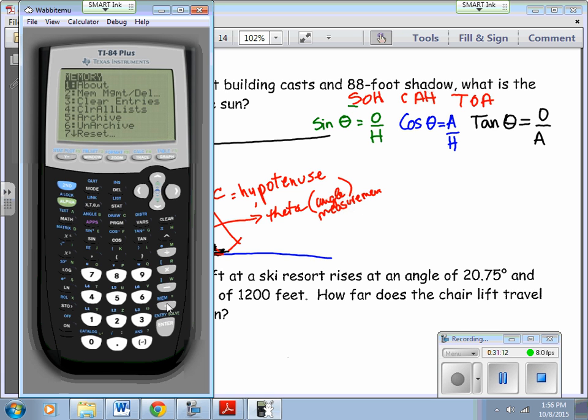Either type in 7 or scroll down to 7 and hit enter. Then you get this screen right here. We do want to reset all the RAM, so hit enter or type in 1. And we do want to reset it, so scroll down to 2 or type 2 and hit enter, and you're going to have your screen say RAM Clear.